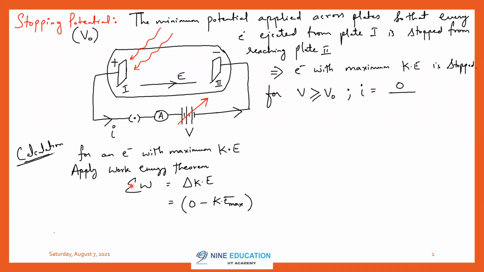And what is the work done? Work is done by this electric field, by this external supply. What is work done on a charge? I can write that here separately.